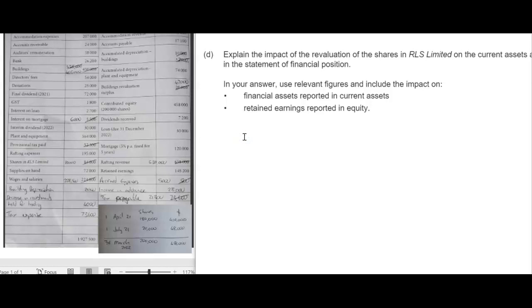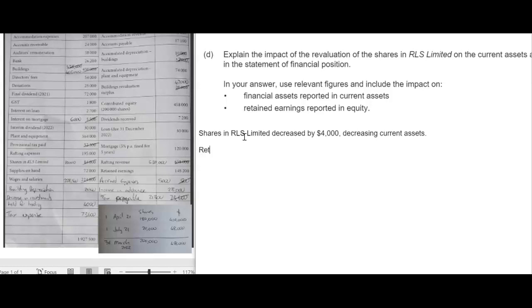So the financial assets are reported in current assets. So basically we're saying the shares in RXL Limited by $4,000. Right. And the second part, big paragraph A, retained earnings.